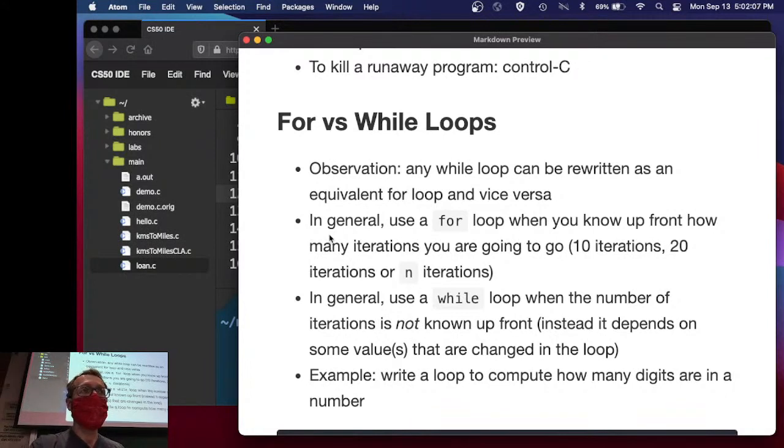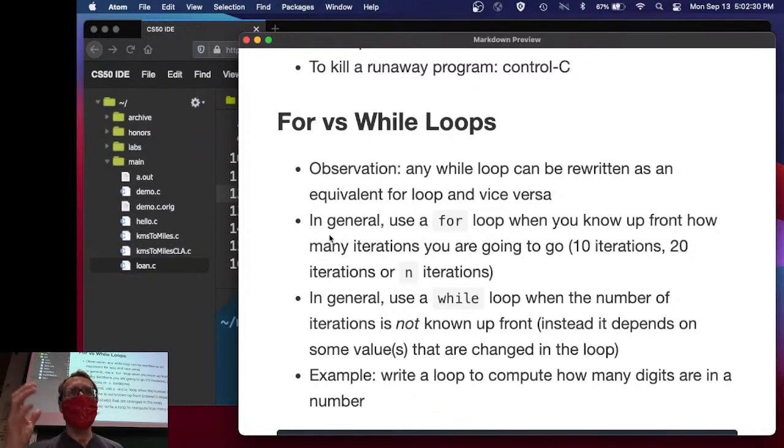If you want to read more about it, it's in the suggested textbook as well as, I believe, in Zybooks. But the fact of the matter is, you only need one loop control structure. We could get by in a language with only a while loop. We could get by in a language with only a for loop. Any one of those loops can be rewritten as an equivalent for loop or while loop or vice versa.